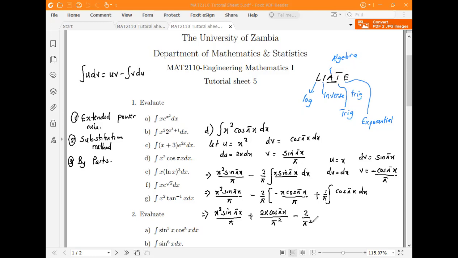It's sine pi x over pi plus c. Now that over pi, let's just come back here and change the power from being 2 to being 3 because you're multiplying by a pi. So we have this as the final solution. This one, sine pi x, you could put them together if you want. If you don't want, it's not a problem. Let's move forward.